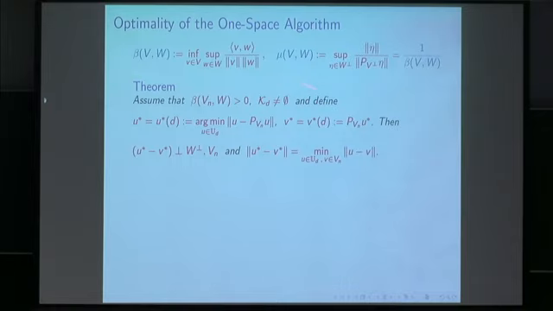As I said, this is kind of 1 over the cosine of the angle between the spaces, and the theorem says that whenever we have that, the radius of the solution set is approximated by this number.